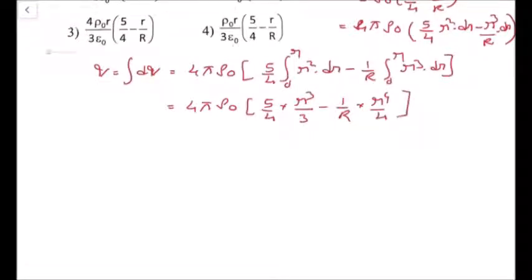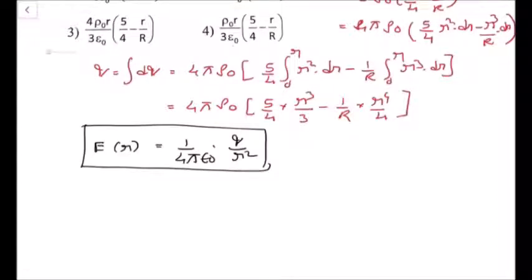Okay, now we will find the intensity of electric field at a distance r. So the intensity of electric field at a distance small r is equal to 1 by 4 pi epsilon naught into q by r square, according to the formula.